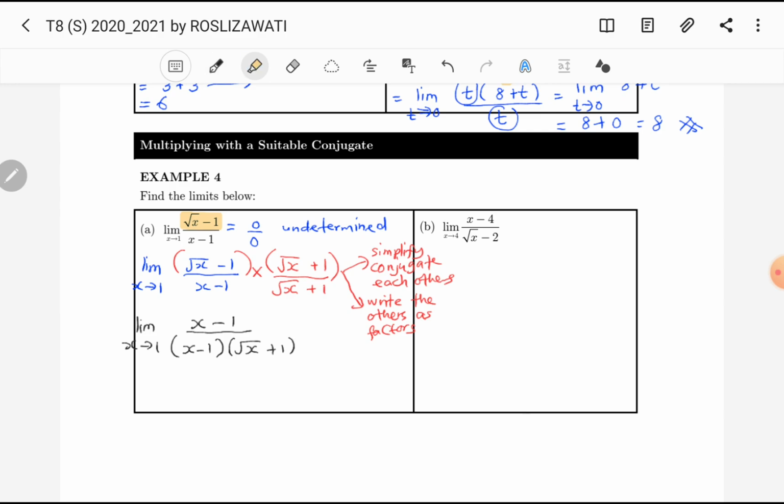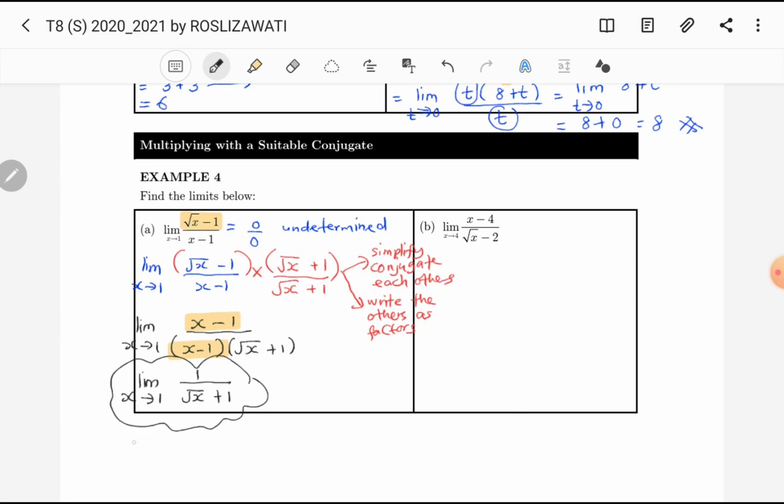Okay. So, awak nampak ni kat atas ada x minus 1. Kat bawah ada x minus 1 juga. Okay. So, it becomes limit x approaches 1, 1 over root x plus 1. So, ini dah simplest form.